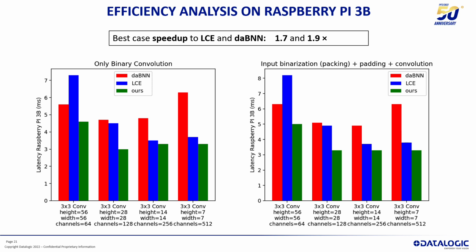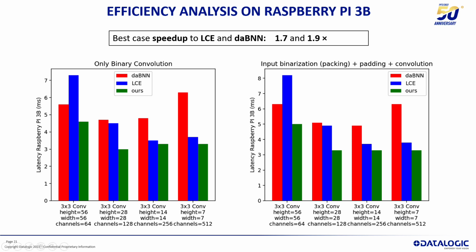It starts on the left from a 3x3 convolution with an input of 56 by 56 by 64 channels. These input sizes are taken directly from a VGG model. After each binary convolution there is always a max pool, so the image is halved at each of these columns.